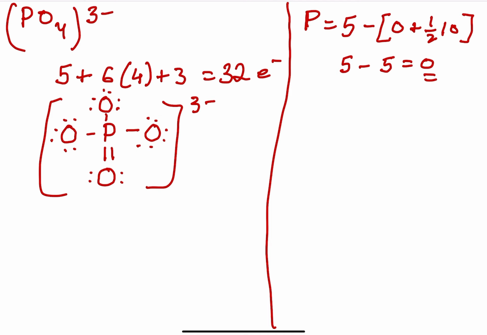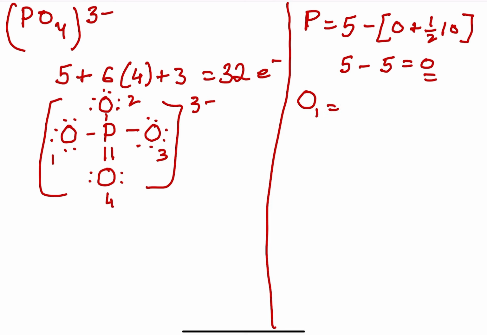Now let's mark the oxygens as oxygen 1, oxygen 2, oxygen 3 and oxygen 4. Oxygens 1, 2, 3 are similar because they all have single bonds. If we find oxygen 1, the other two will be equal, and the fourth one is double bonded, so that will be different. So let's take oxygen 1.